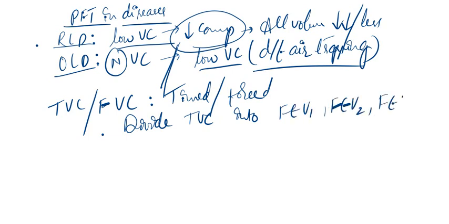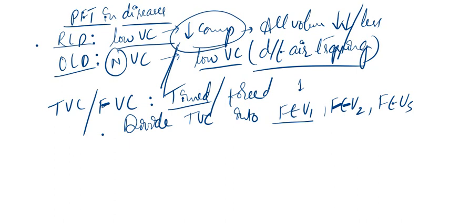Now what is this timed forced vital capacity? It means something which is defined after a period of time. For example, FEV1 denotes forced expiratory volume in the first second.